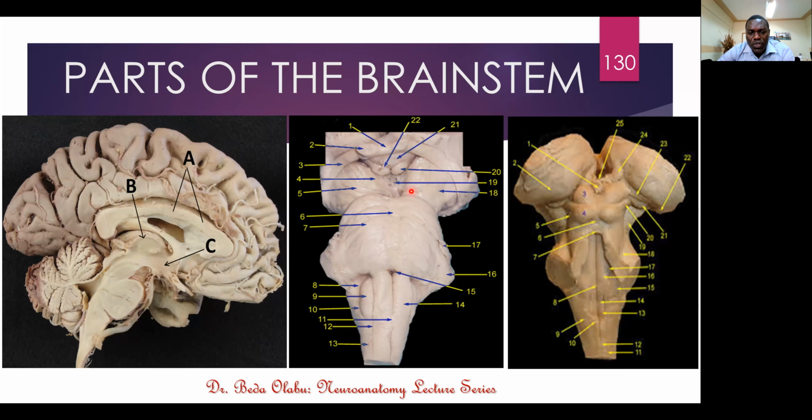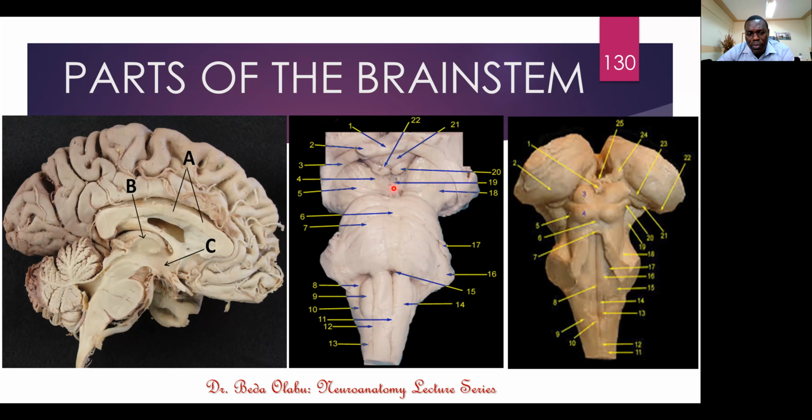contain axons of neurons, which come from the cerebrum going to the brainstem. So we call them cerebral peduncles. And so if these two big things are called cerebral peduncles, then the depression here is called the interpeduncular fossa. The term fossa is a depression.